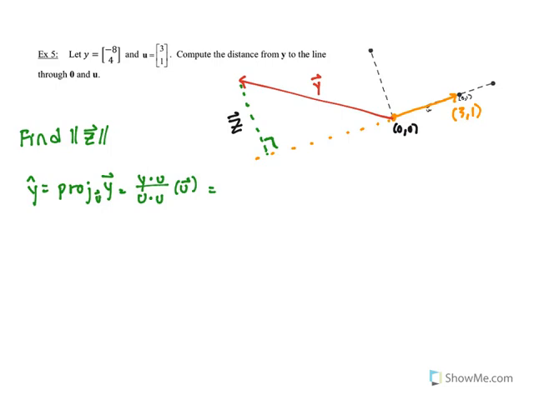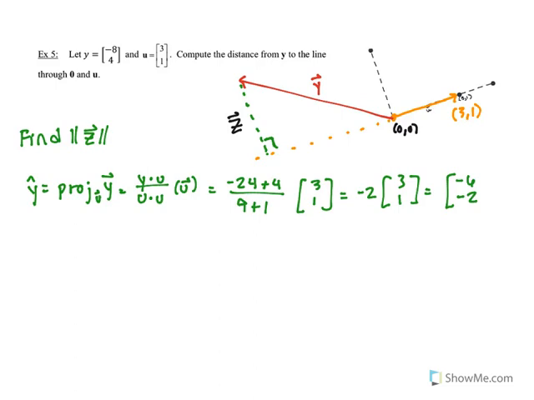Okay, so I'm getting negative 24 plus 4 divided by 9 plus 1. All of this is being multiplied by the vector 3, 1, which I'm still going to write the linear algebra way, just for funsies, because this is linear algebra. Okay, so I'm getting negative 20 over 10, which is negative 2, times 3, 1. So y hat is the vector negative 6, negative 2.